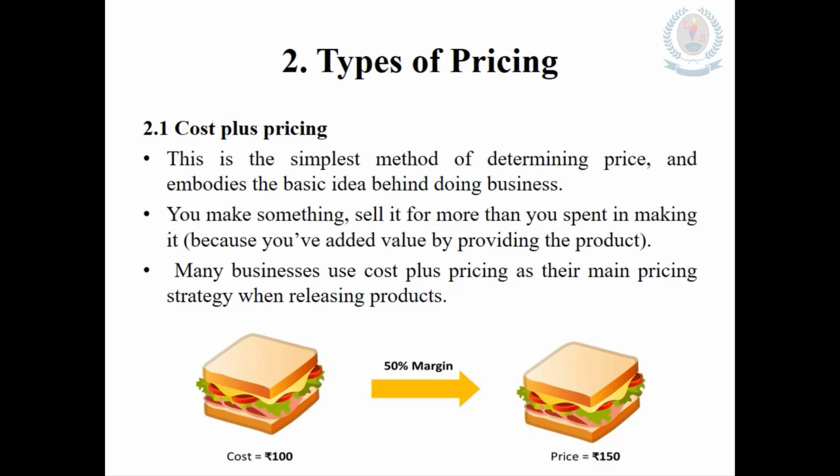Definitely the cost you have spent on the product must be covered, and it must sell for more than the cost. The difference between the selling price and the cost is the profit. Almost all the manufacturers and sellers keep a profit margin. After adding this profit margin to the cost of the product, that is called cost plus pricing.